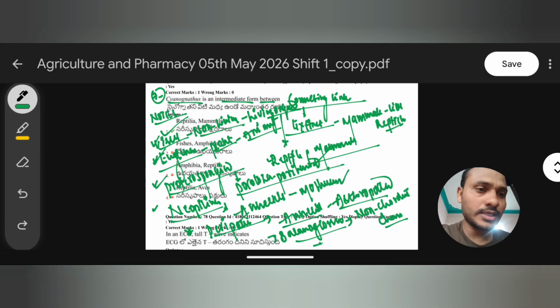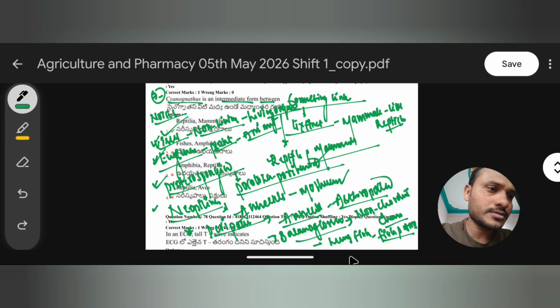And one last, lungfish. Lungfish is a connecting link between fishes and amphibians. Like that we have various intermediate forms between organisms. But in this question, Cynognathus is the connecting link between reptiles and mammals.